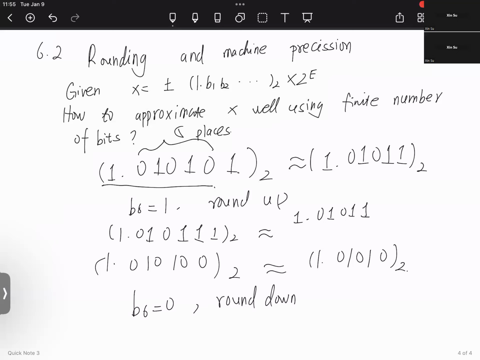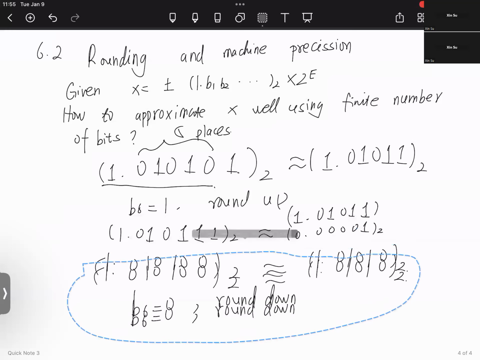We are going to round it up, so we are going to add 1 here. Actually, I'm adding 0.00001. This is the binary representation, and I'm going to do the sum. This is one example here.